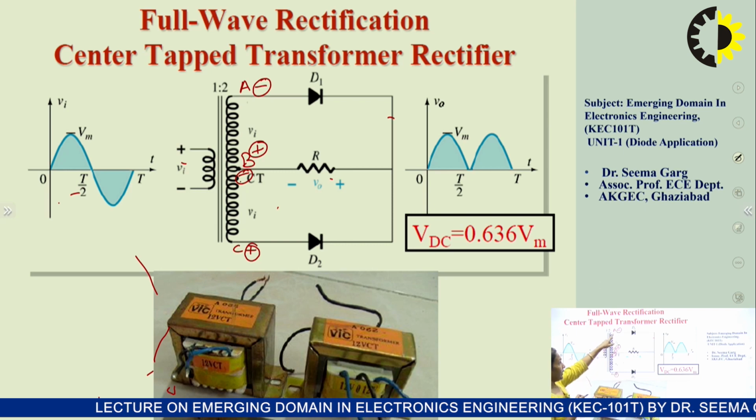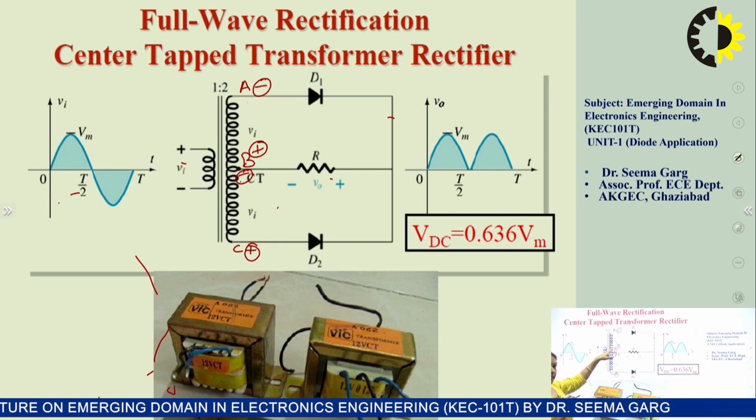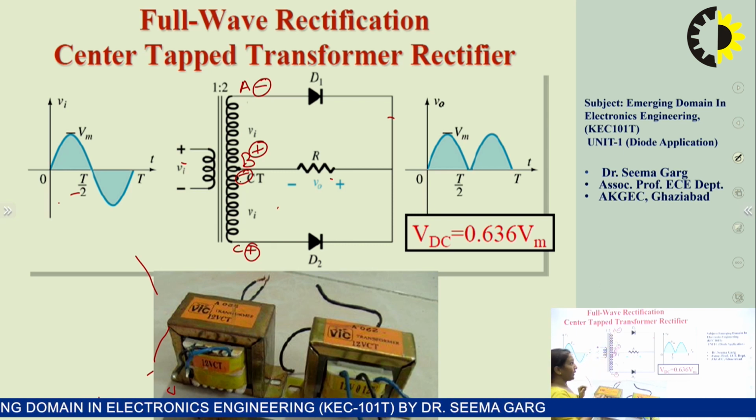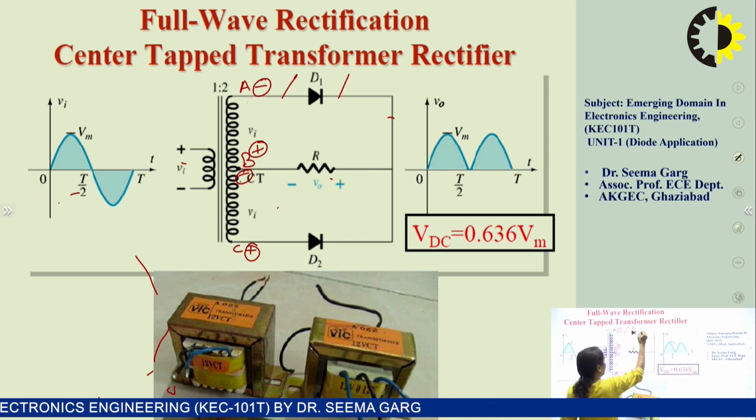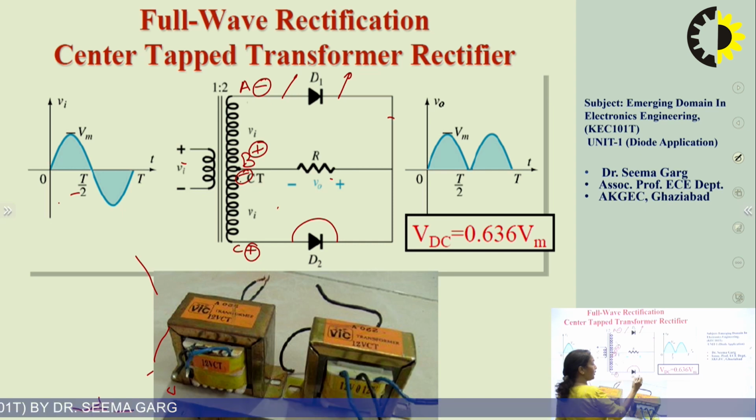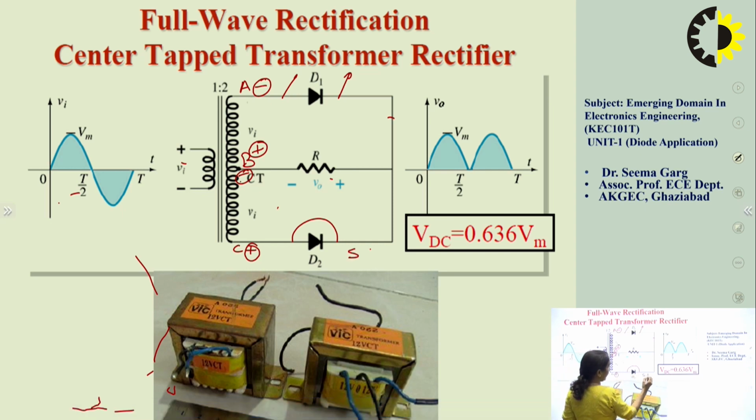So if we look at the polarities across the diodes, that makes diode D1 reverse biased, whereas diode D2 forward biased. So D2 will be short circuit and D1 will be open circuit.